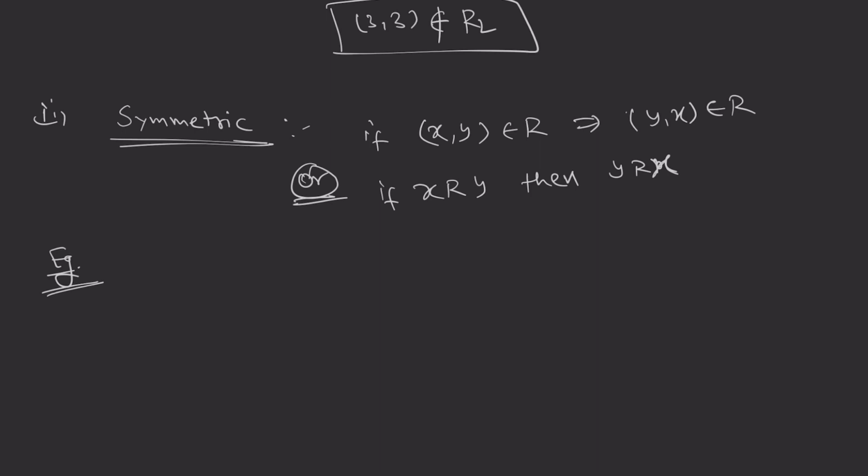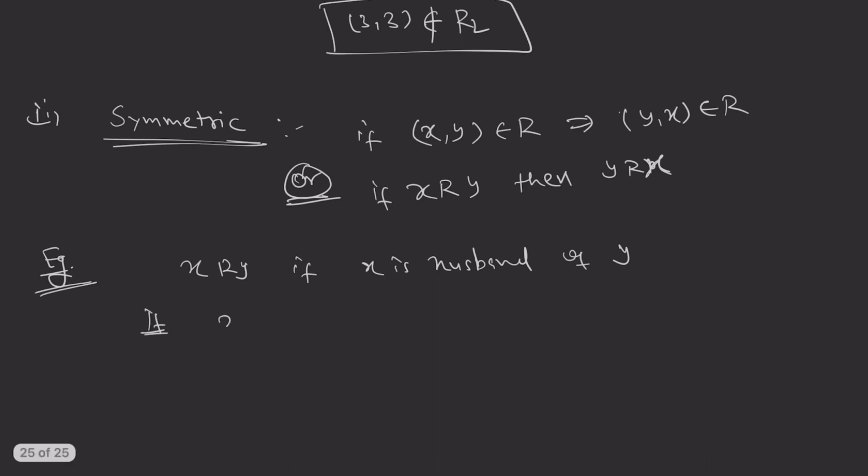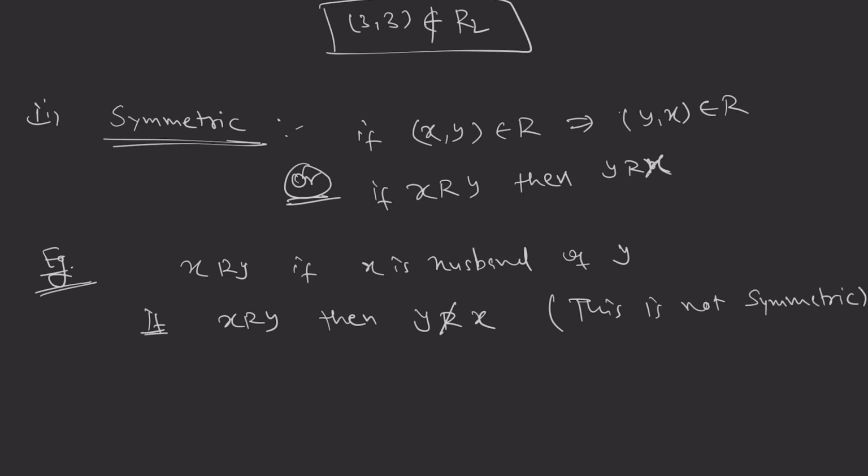We saw an example where x is related to y if x is husband of y, and there we proved that y is not related to x. So this is not symmetric. Why? Because x is related to y, but y is not related to x. And this is what we have to check: if x is related to y, then y should also be related to x.